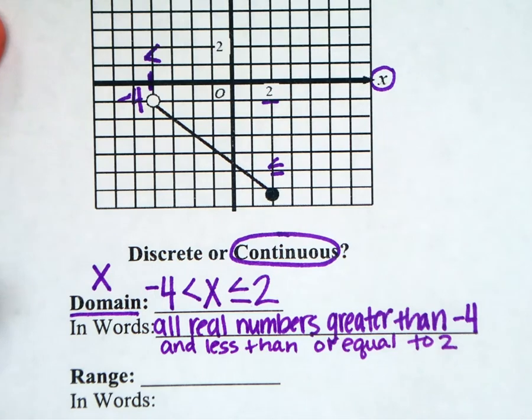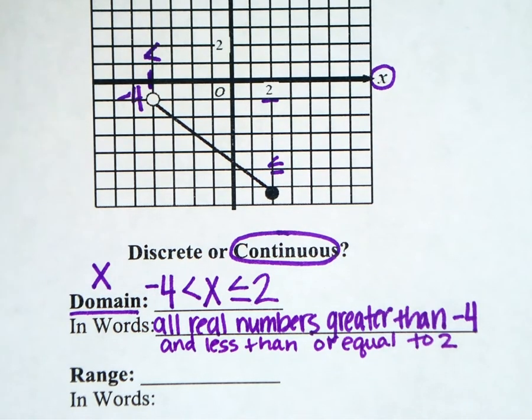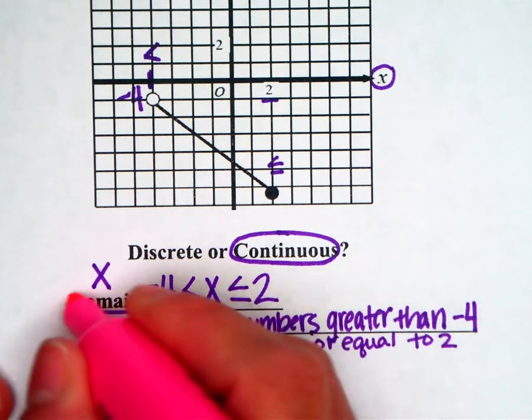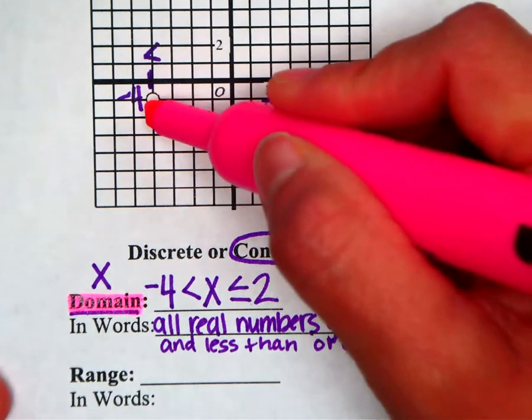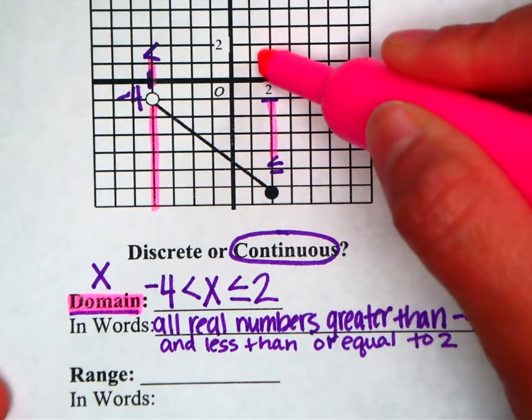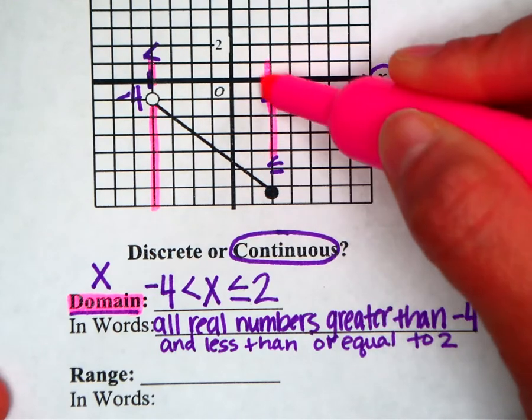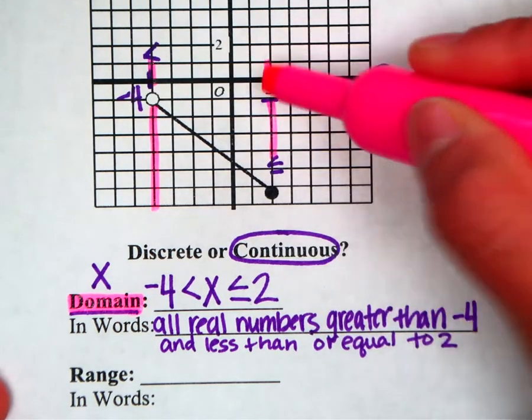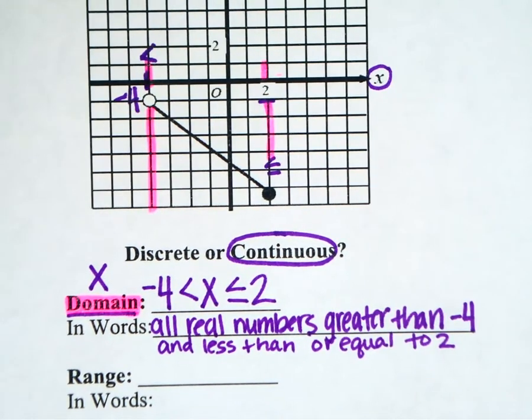So when you look at the domain, just understand that you can see the restrictions on your graph. You're looking at your x values from the left to the right. Where does my graph hit my x values? -4, +2.